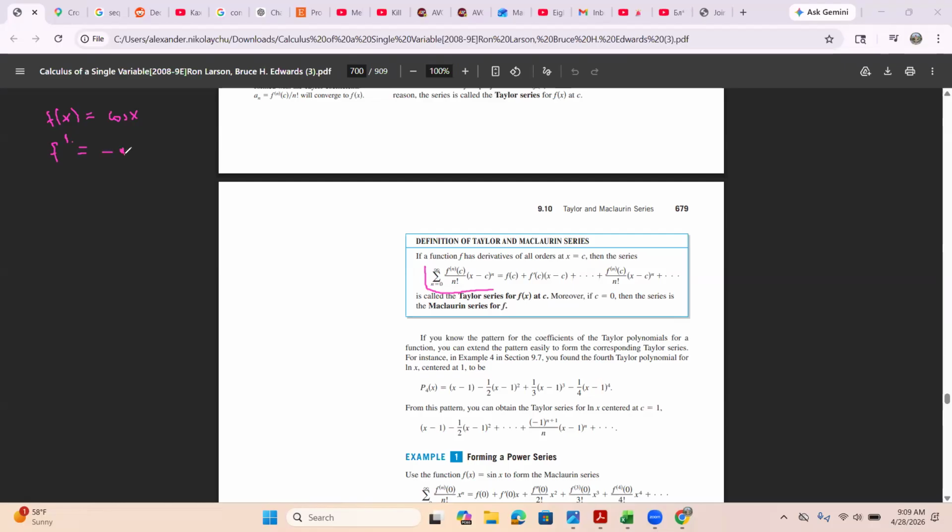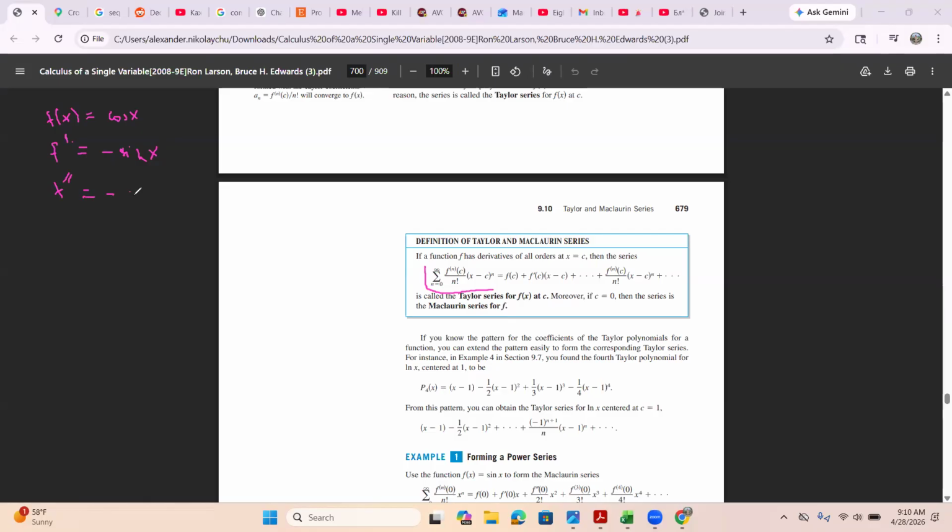And then if you take another derivative, the second derivative, f double prime, it will be the derivative of negative sine, which is cosine, but the minus sign will stay.